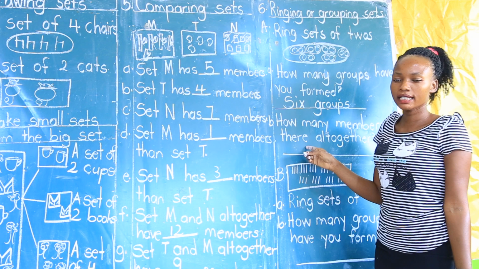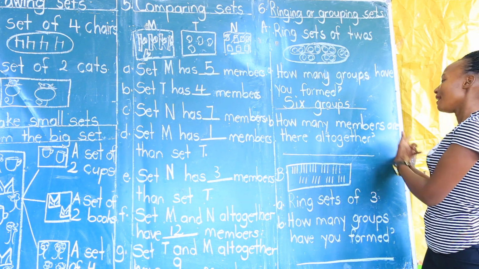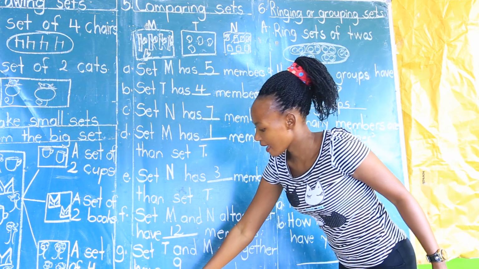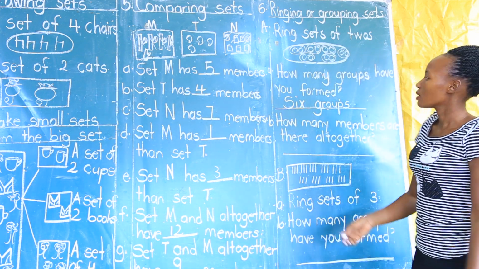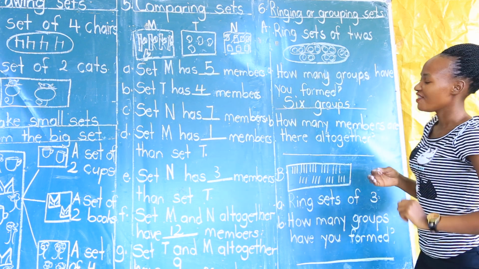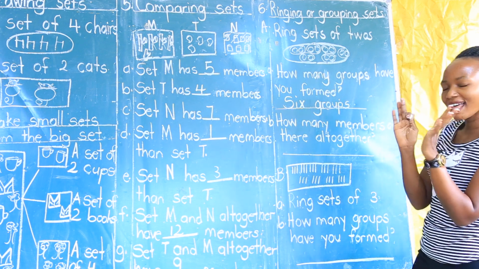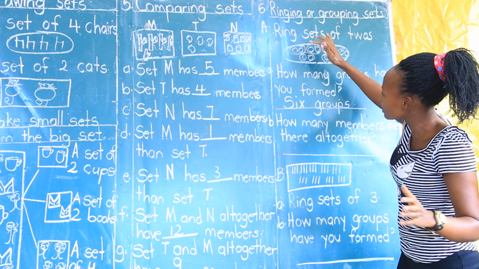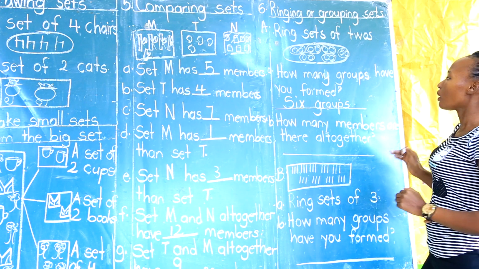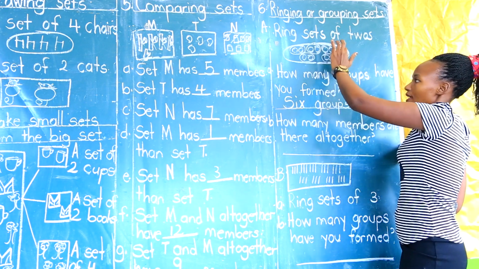Then the next question is, how many members are there all together? When I look at how many members are in a subset, there are 2. Now, how many members are there all together in this big set? Now we are going to count all these elements which are there.